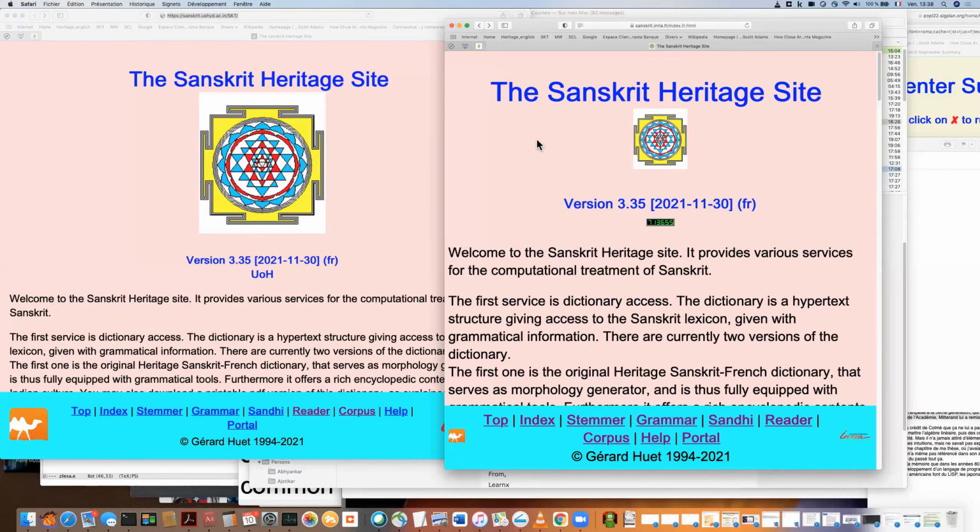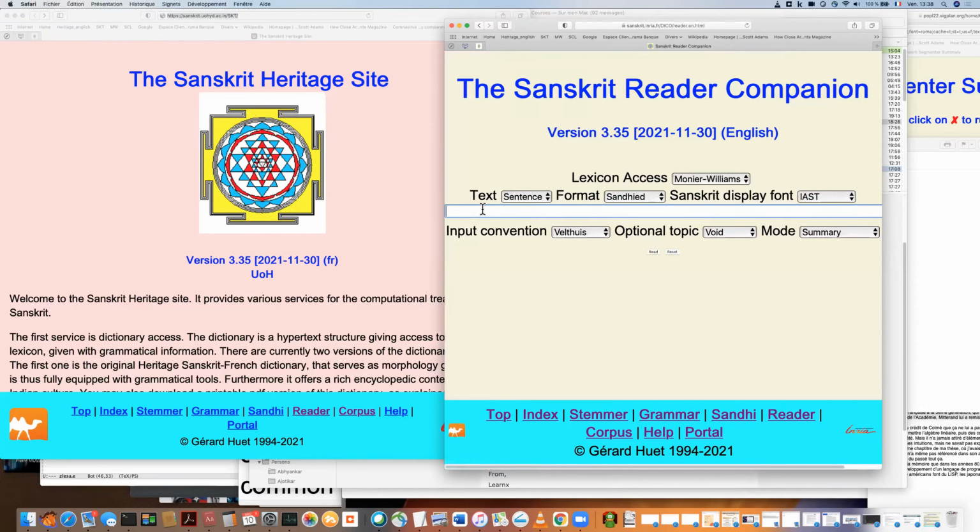Now, I gave another link, which is initialized to different default parameters. Yes, this is Heritage English. So it's almost the same, yes, but here you have English. Okay, and now when you enter the reader, see the lexicon access by default is Monier-Williams.